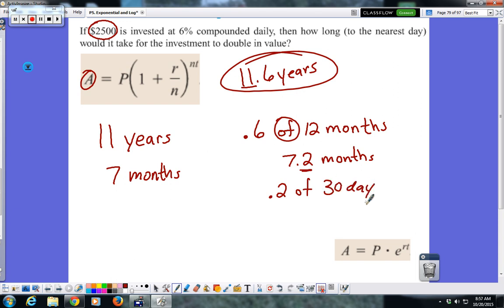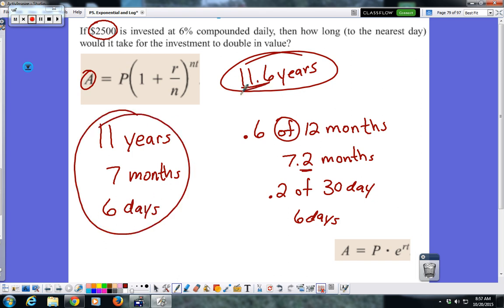And if you multiply that out, that gives you 6. So 11 years, 6 months, and 6 days. That is your translation of 11.6 years into years, months, days. And you could go on further. If you had it more exact instead of 0.6, you could bring it down to the minute of when it's going to change.